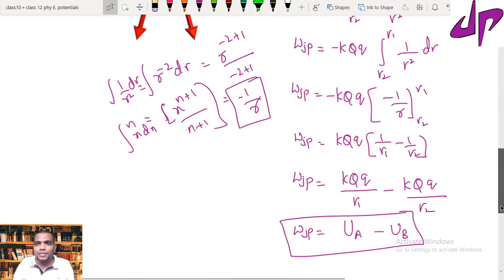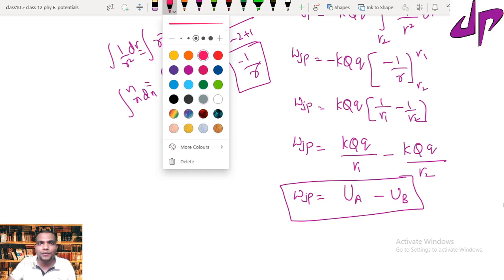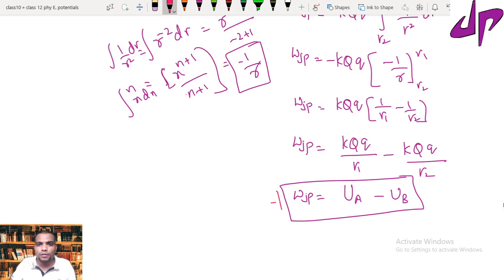Now we have a definition: the change in potential energy is equal to the work done by me. Here my work is positive because I did work against the field. Now, what is the work done by the electric field?